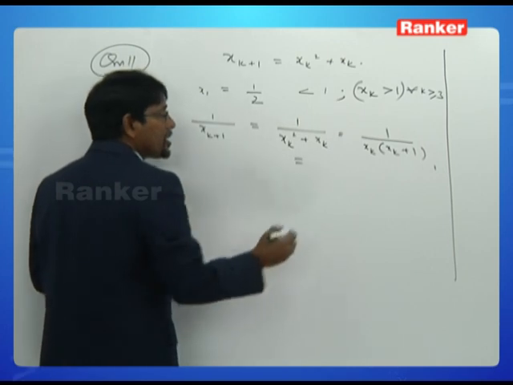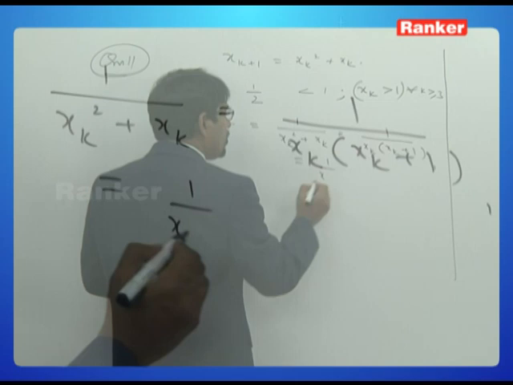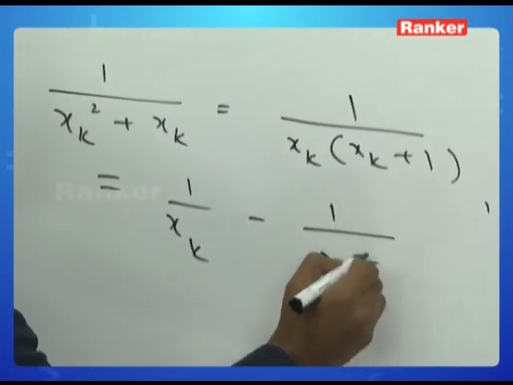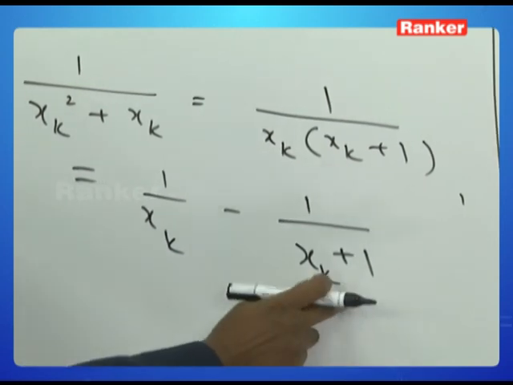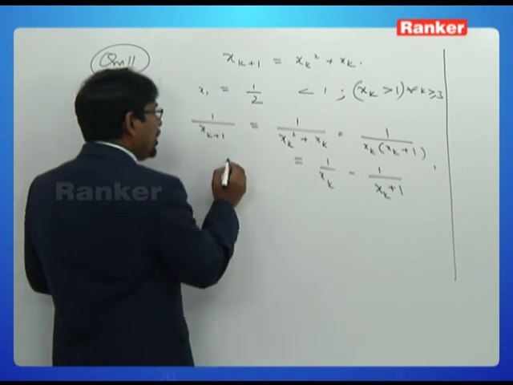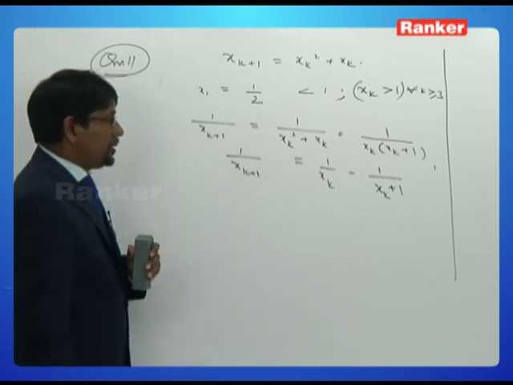Now can we split this into partial fractions? A difference of two terms we can write it as 1 by xk minus 1 by xk plus 1. Please observe, it's not in the suffix, we are adding a 1 to the term there, xk plus 1. And here we have x of k plus 1, that is a k plus 1 term here.